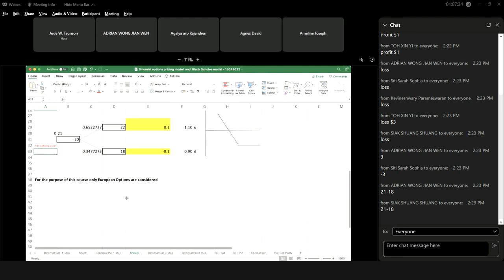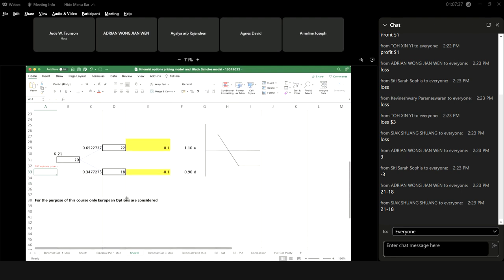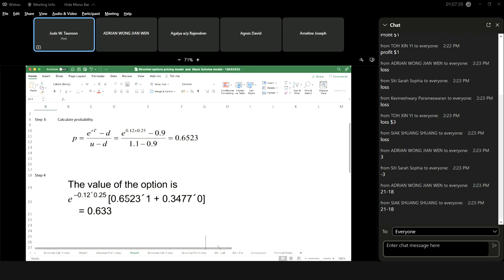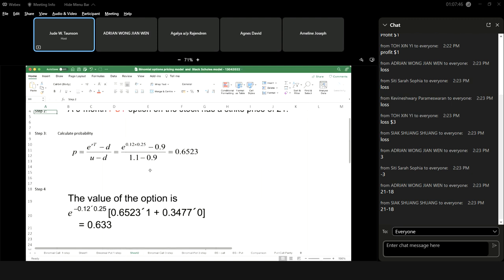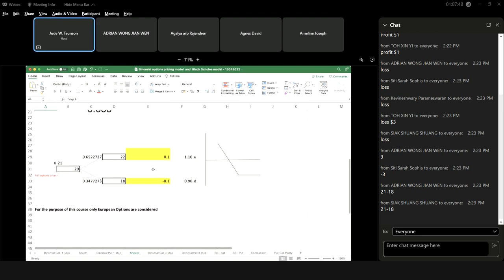We use the same formula. Now we go to step number 2, find the option profit or loss.